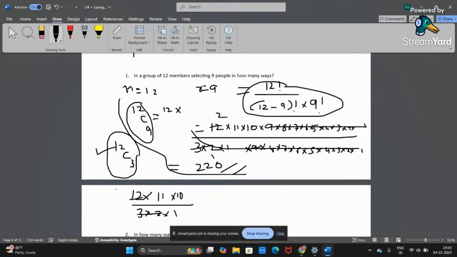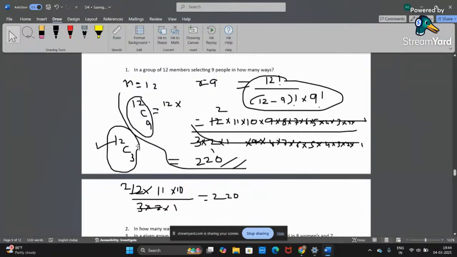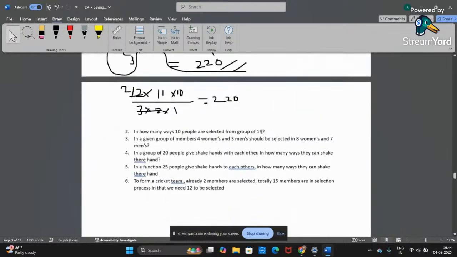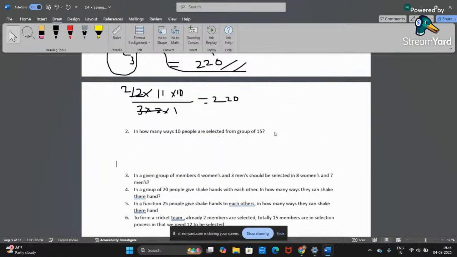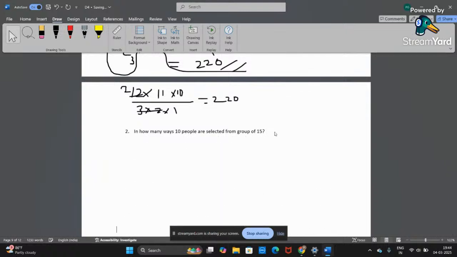So again 2 into 11 into 10 is 220. In this way also we get the same answer. We'll solve in both ways.